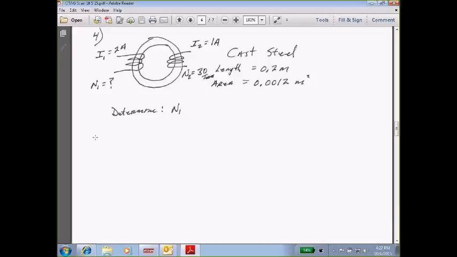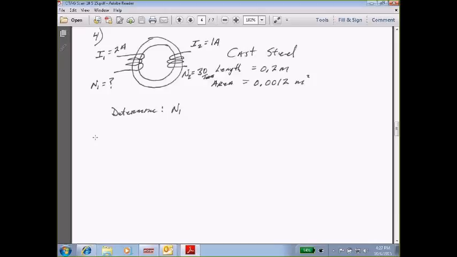Now, if we look at the flux, we've got 12 times 10 to the negative 4th Webers divided by 12 times 10 to the negative 4 square meters.